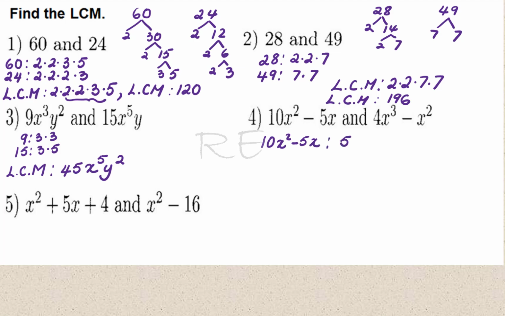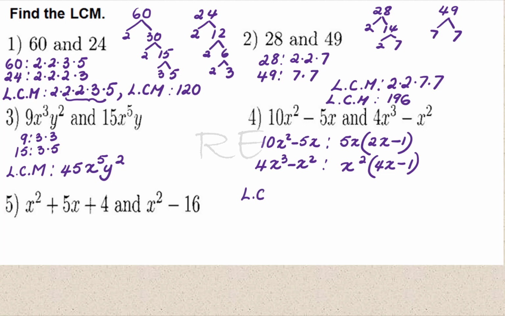When we have a polynomial expression, we need to factor the polynomial expression first before we can find the LCM. 10x squared minus 5x is 5x times 2x minus 1. 4x cubed minus x squared is x squared times 4x minus 1.